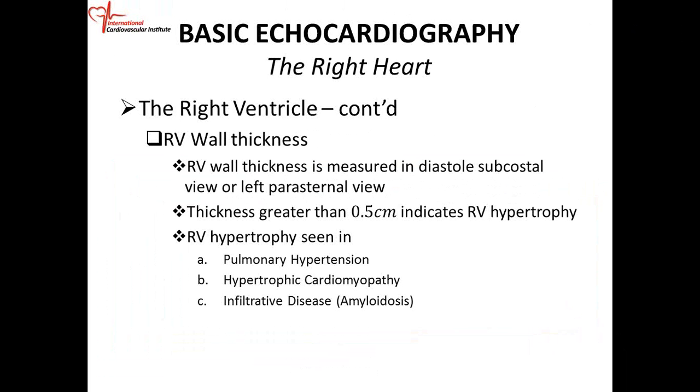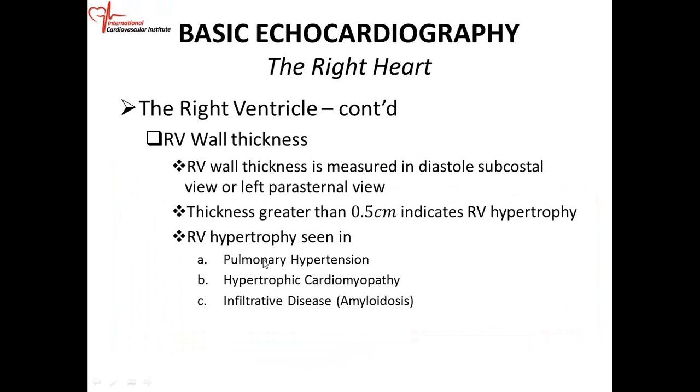And then you usually get IV hypertrophy. So when any muscle is thickened, we say it's hypertrophied, or it's hypertrophy. When the muscle is thickened, we say it's hypertrophic, and you get it mainly in hypertrophic cardiomyopathy.